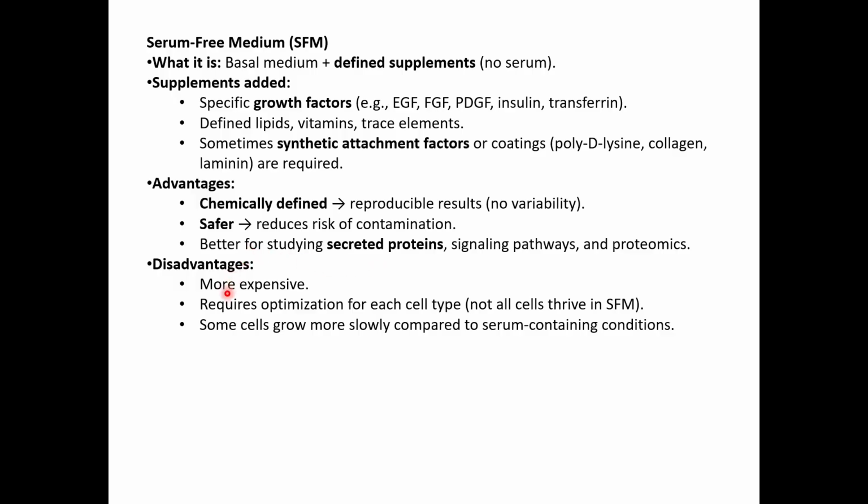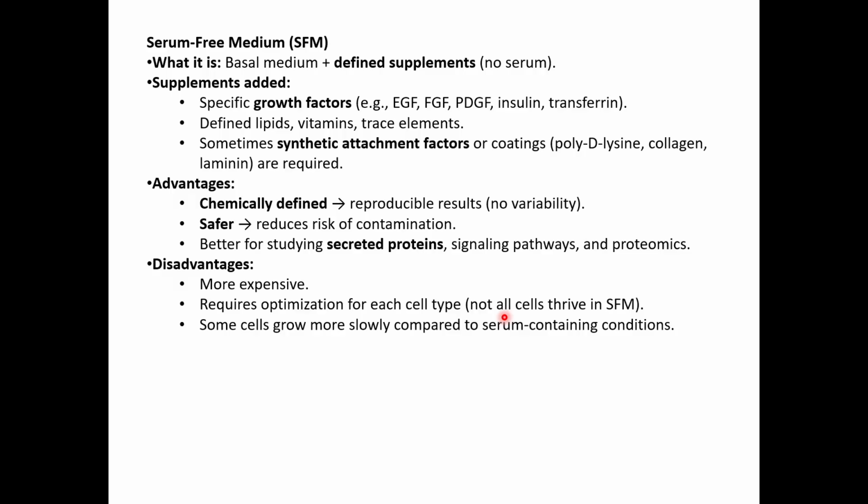However, it is more expensive because you have to buy individually all these elements. These are only a few that have been mentioned here, but there are so many other elements present in the serum which are required for the cellular growth. So, purchasing everything individually in a huge quantity for maintenance of cell culture is very, very expensive, and it requires optimization for each cell type, and not all cells thrive in a serum free media.